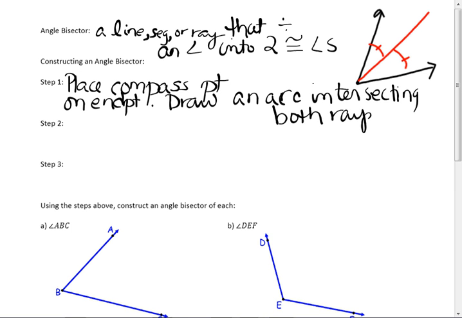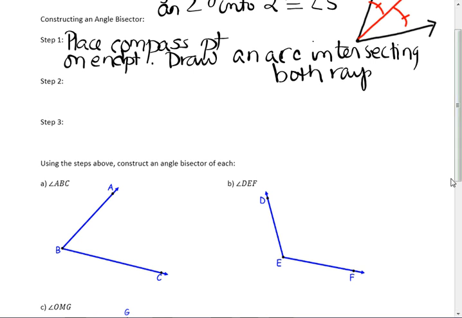So I'm going to do my angle ABC. I better get a compass, I guess. Doesn't seem fair, does it? I have a nice little compass here. And, you know, A and C are just ways of naming the angle. The only point that's really significant is B, because that's the vertex. Endpoint.